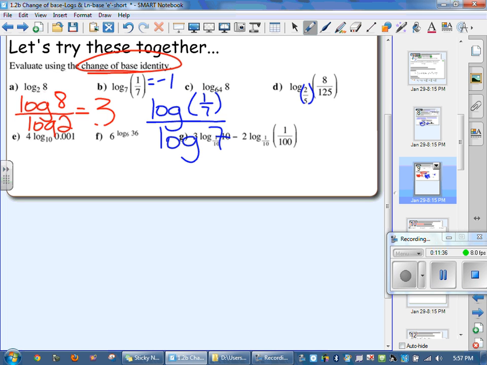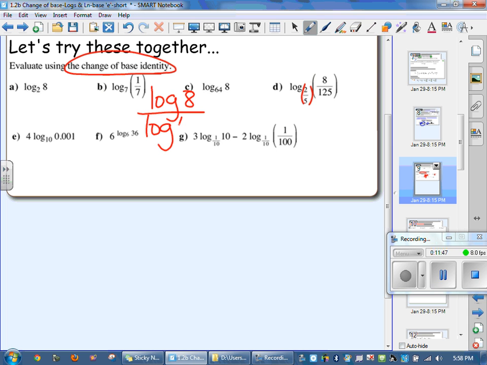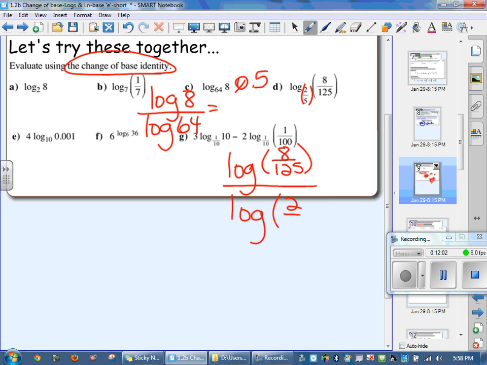Okay, C first is going to give us log 8 divided by log 64. When we solve that, that's going to give us an answer of 0.5 or 1/2. When we solve D, we're going to have log of 8 over 125 divided by log 2 over 5. We solve letter D, and we're going to get an answer of 3. Check your work and make sure you did it correctly.